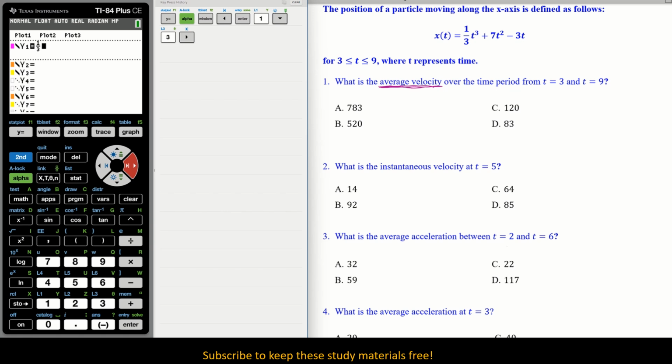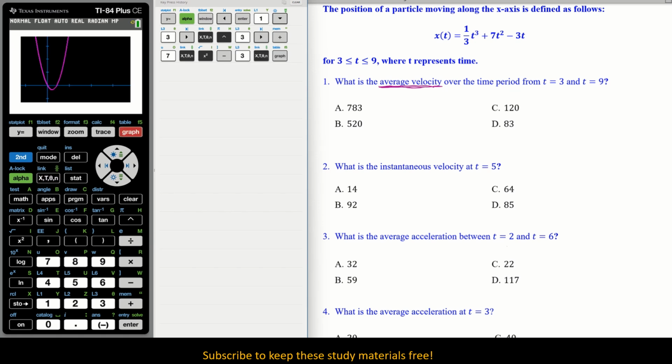Now, we will have to use our x, so we have x, caret up 3, arrow over like it's telling us when it flashes. So plus 7, and then x, and use our x squared, because that'll arrow over automatically. So minus 3, and then our x. Okay, now let's graph this.